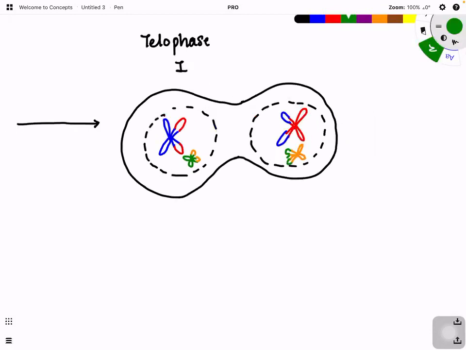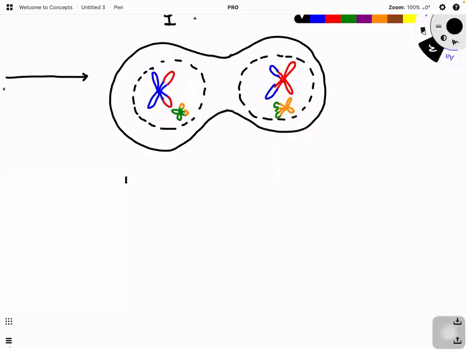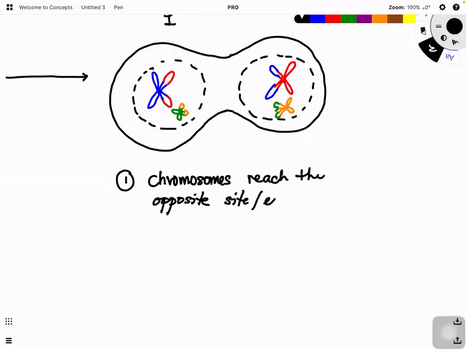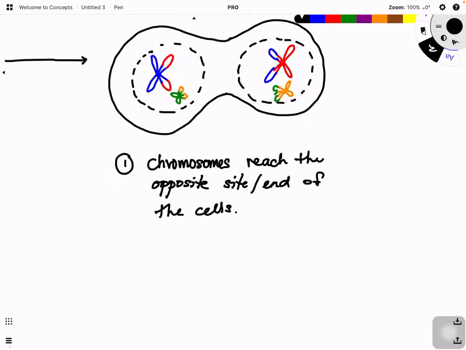So during telophase 1, what will happen? We say that the chromosomes reach the opposite poles, the opposite ends of the cell. And when they reach, they will uncoil to form chromatin.